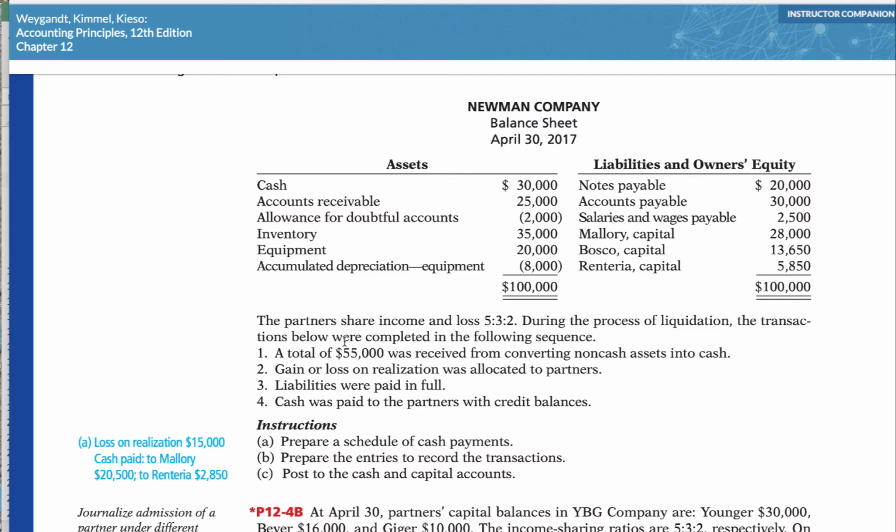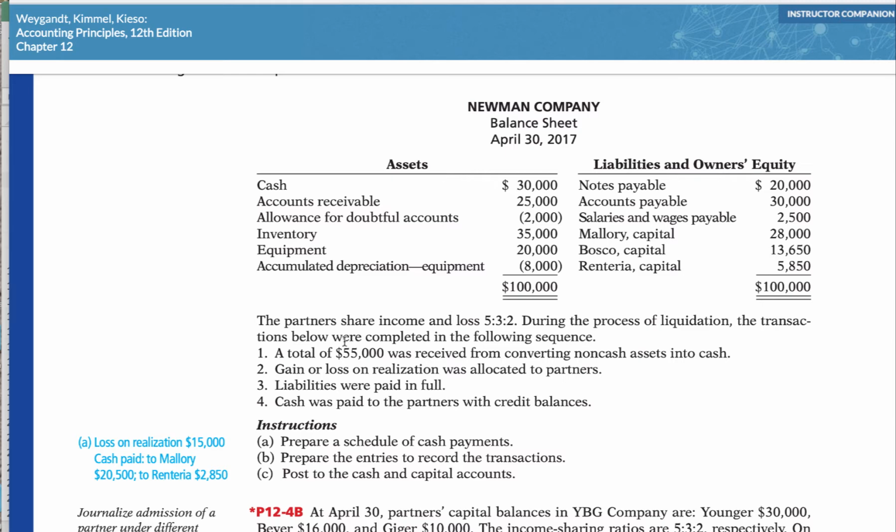During the process of liquidation, the transactions below were completed in the following sequence. So what did they do? Well, first, they liquidated all the non-cash assets, meaning all the receivables, the inventory, the equipment, all the non-cash assets were sold for cash.